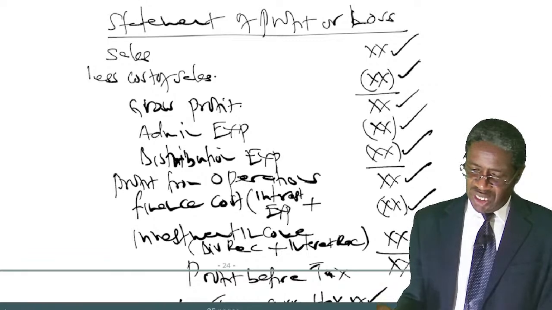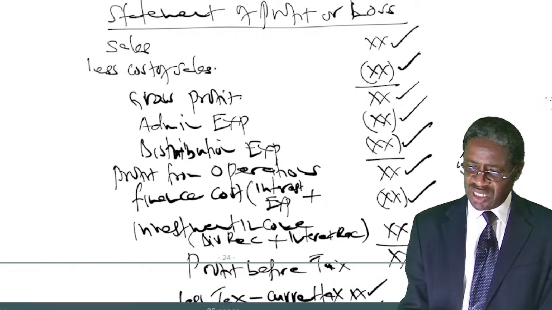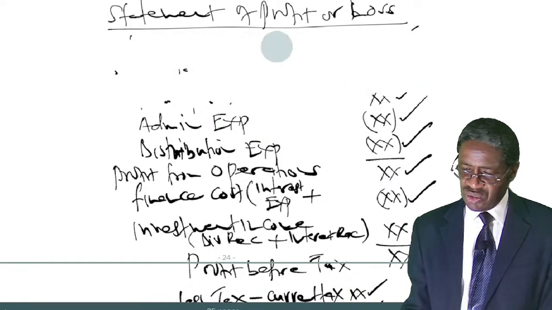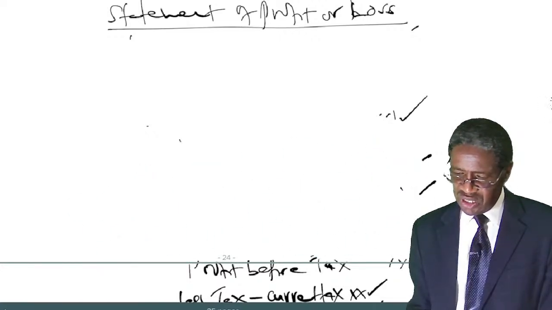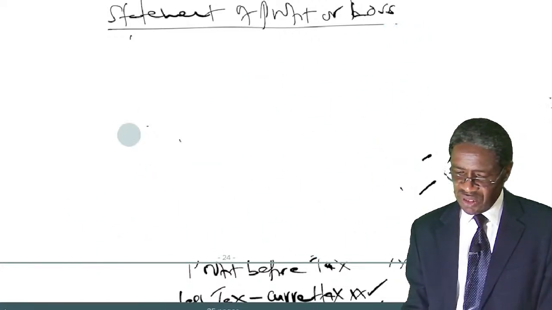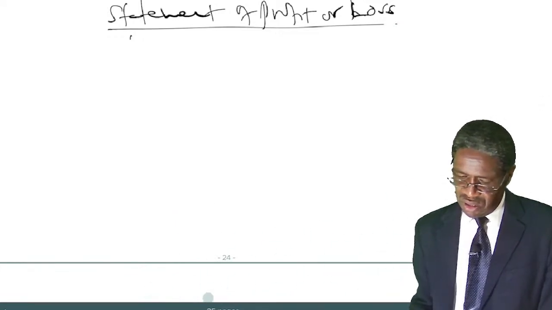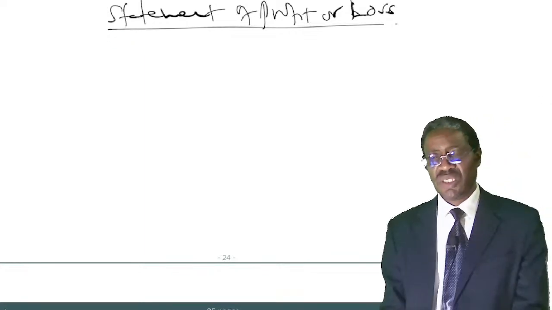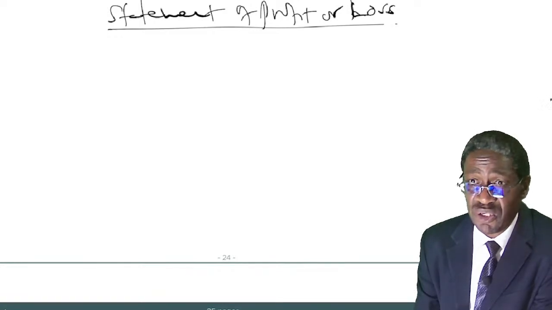Let me just rub so that we go together slowly, one by one. We write it slowly together. Okay, so let's put down that statement now. Statement of profit or loss.